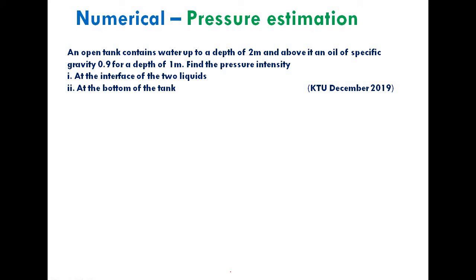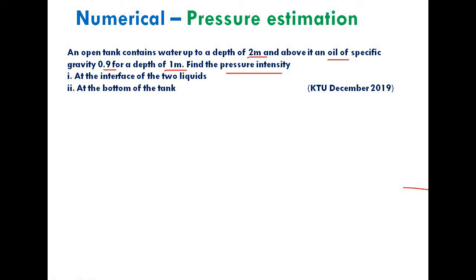And now we'll do another problem. The question is like this: an open tank contains water up to a depth of 2 meters. So you know that 2 meters is h, so you can directly find out the pressure. Above it is an oil of specific gravity 0.9 for a depth of 1 meter.